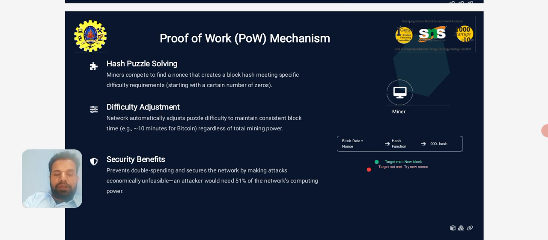You also get security benefits, as proof of work gives you a security mechanism so that nobody makes any alteration in your block. If they do alter it, that will be intimated to the other blocks.